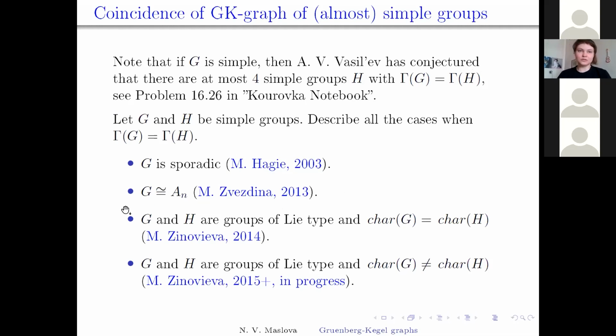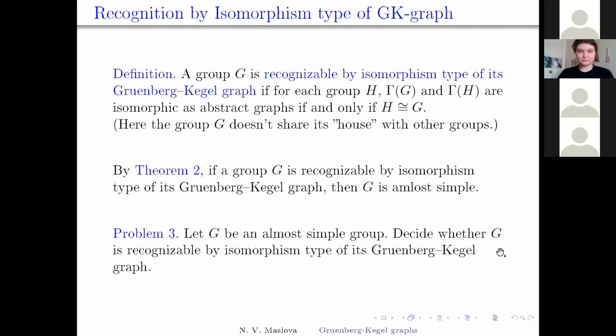And to finish this investigation, it's necessary to consider the cases of coincidence of Gruenberg-Kegel graphs of two groups of Lie type, where the characteristics of their fields coincide. Mariana Zinovieva has ruled out this case, and for fields of distinct characteristics, she is investigating this problem, and this research is still in progress.